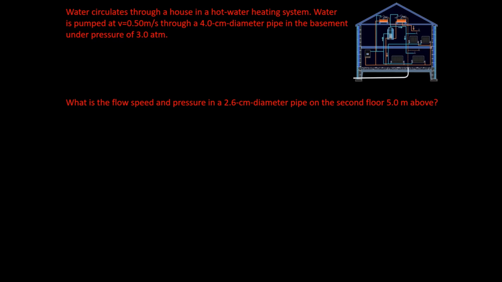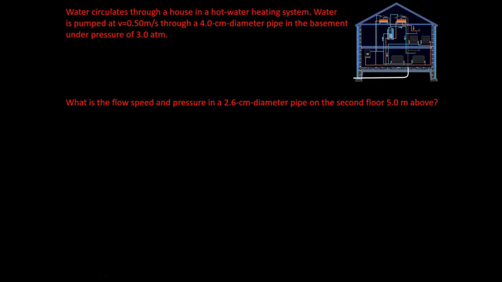The question here is, what is the flow speed and pressure in a 2.6 centimeter pipe on the second floor 5 meters above? And here's a little schematic of a heating system, a general schematic rather than one to scale with this problem, just to show you how this system would work.